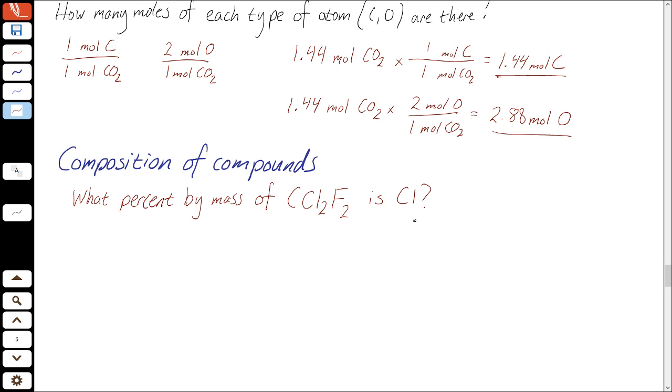So how much of the mass of that compound, what percent of the mass of that compound is chlorine? Any idea how you would do that?